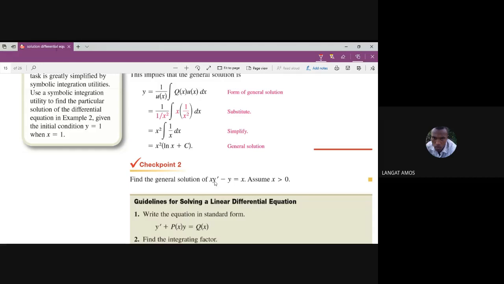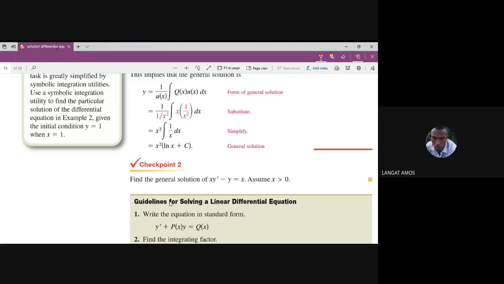The integrating factor is 1 all over u(x), and to get u(x), you say e raised to the integral of P(x) dx.